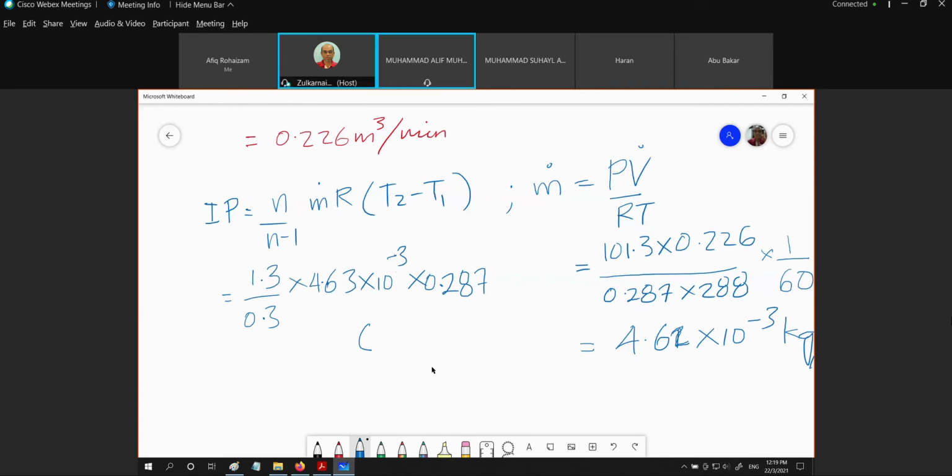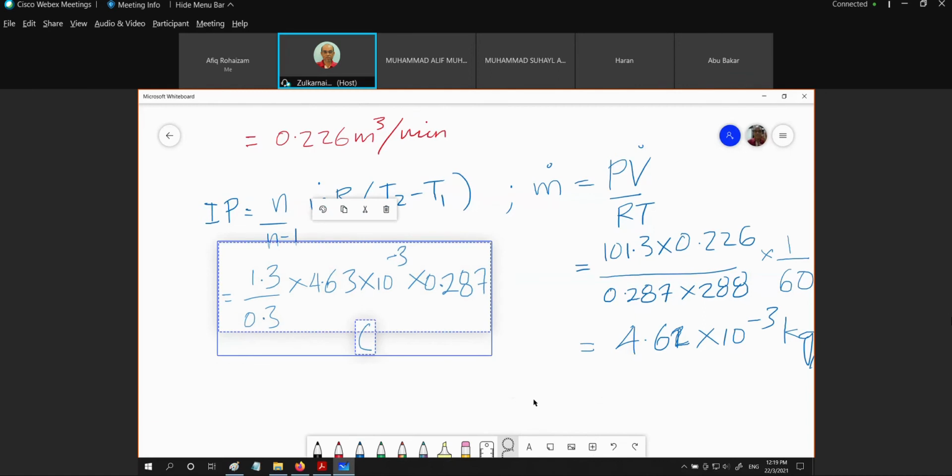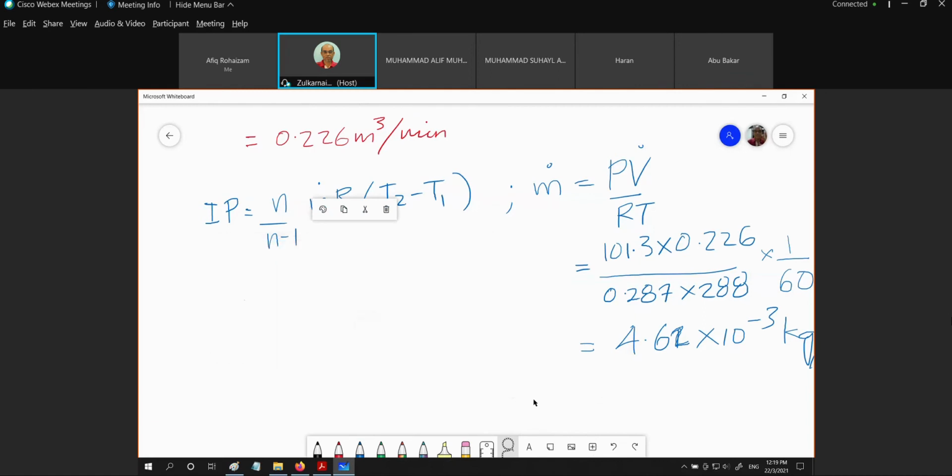Lain. T1 kita lain, betul tak? Betul. T1 kita lain, jadi dia punya T2 pun lain. That's why we need to know betul-betul the T1 ni maksudnya apa. T1 ni is towards the induction punya temperature. So kita akan calculate the new T2.